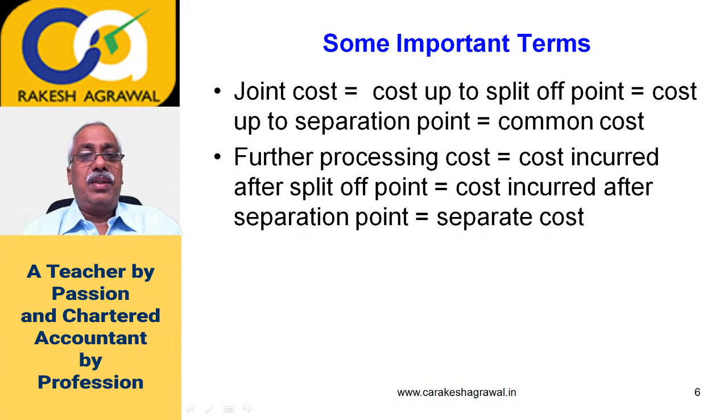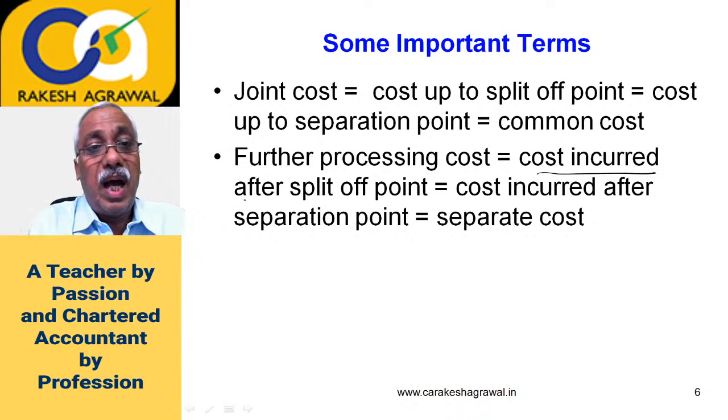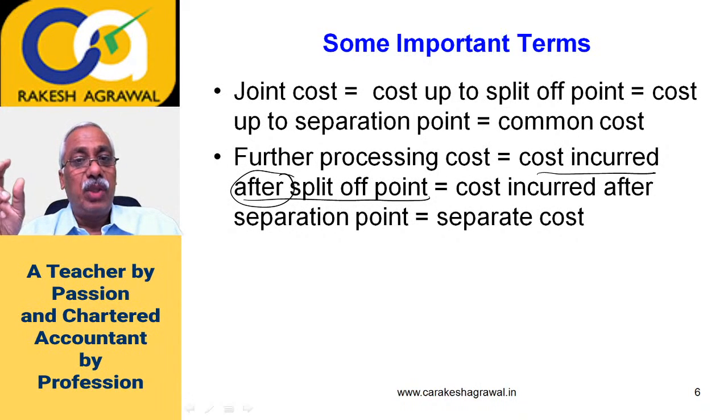Further processing cost. The name itself suggests that it is cost incurred after split off point. Now it may happen that once the product is split from a common process, you need to process it individually further to make it fit for market. You may need to process that joint product or byproduct further after split off so that it can be sold in the market.